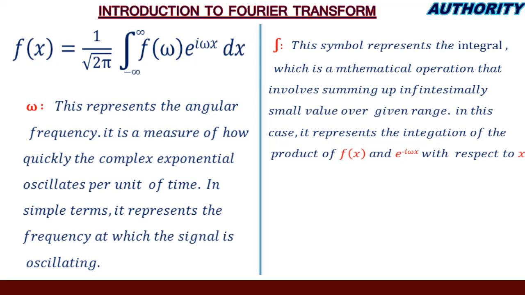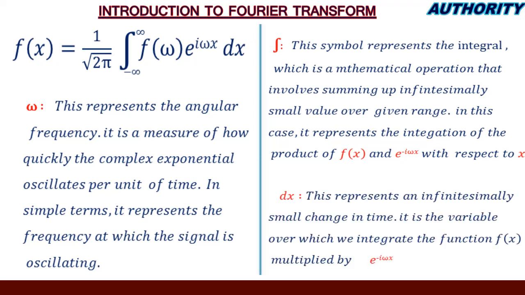In this case, it represents the integration of the product of f of x and e raised to the power of minus i omega x with respect to x. The dx tells us that it represents an infinitesimally small change in time. It is the variable over which we integrate the function f of x multiplied by e raised to the power of i omega x.